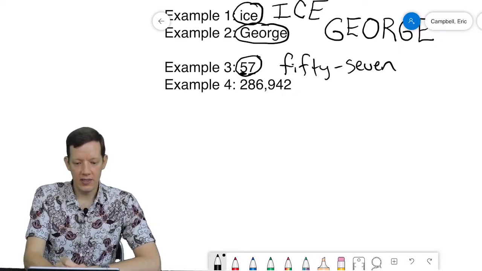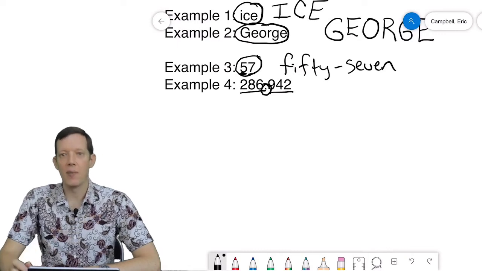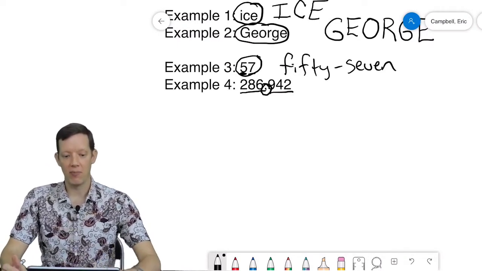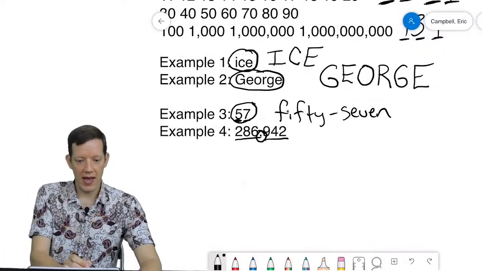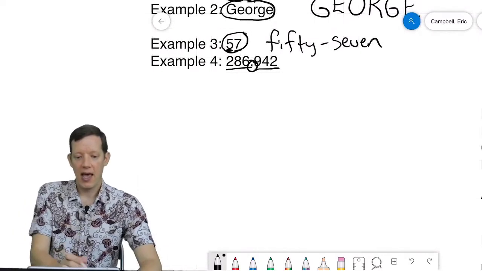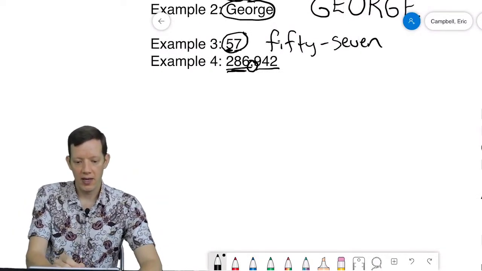Okay, now then, this one is obviously a much longer number, but what we need to pay attention to is the comma right there in the middle, because that tells us that it's a thousands number. If you remember, back up here, we had 1,000 that had 3 zeros. So anytime there's only one comma, that tells you you're going to be doing something in the thousands. And all we have to do is read the number before the comma. Then where we see the comma, we're going to say 1,000.